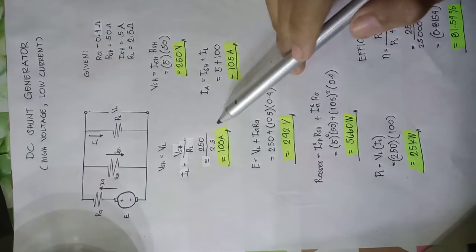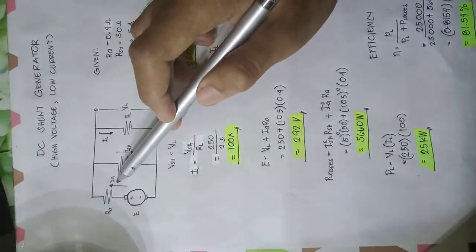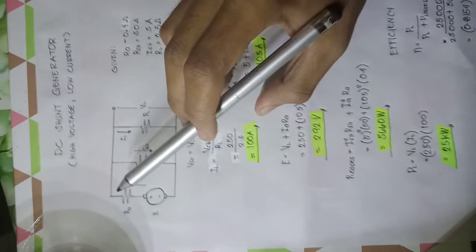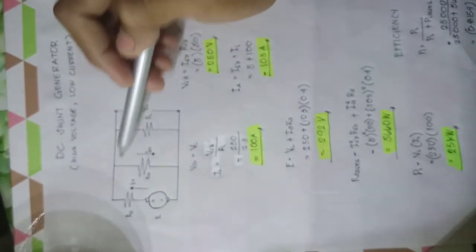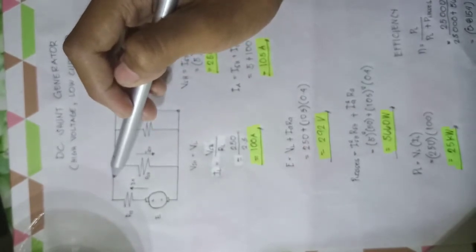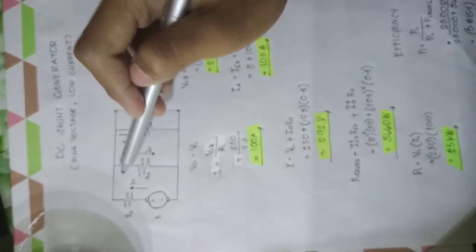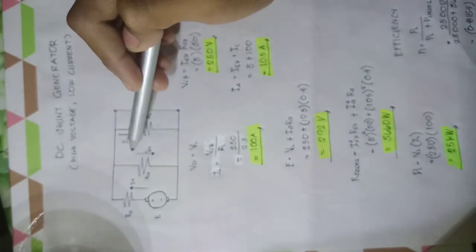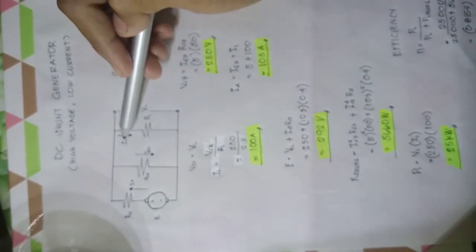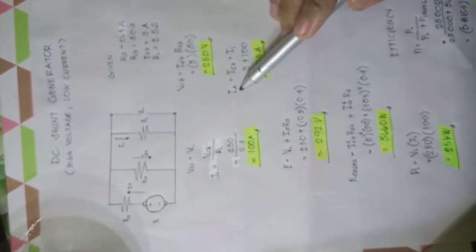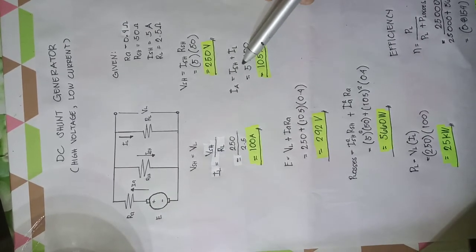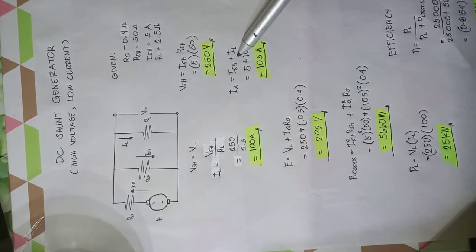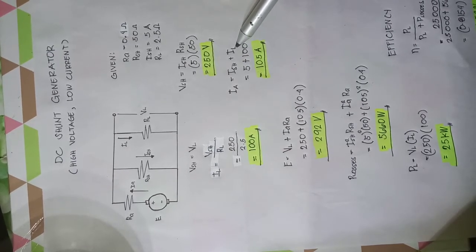So by getting the current of the armature, we have current in is equal to current out. Since the current of the armature is going in, and the current of the shunt field and the current of the load are going out, we have the current of the armature is equal to the current of the shunt field plus the current of the load.